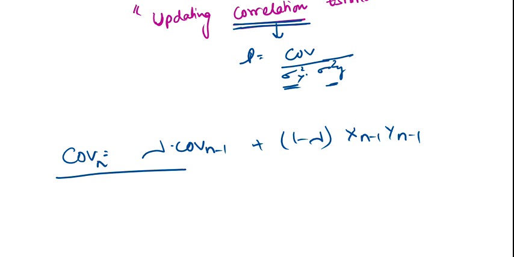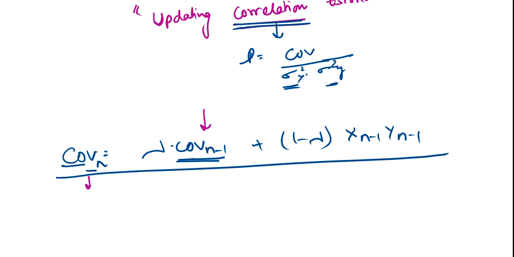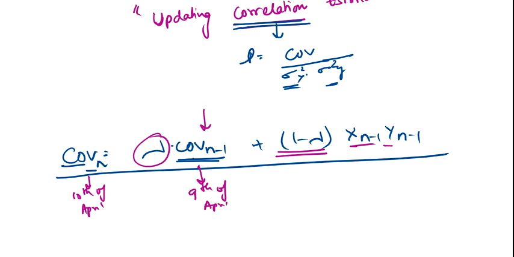So this is the formula for getting the recent covariance. Clear? You can see that covariance n means today's covariance I want to find out. So I will take the covariance from one day before. Suppose this is for the 10th of April, so I will take the covariance of 9th of April. That will be multiplied with the weight lambda, plus 1 minus lambda, and I'll be taking the most recent values of x and y.